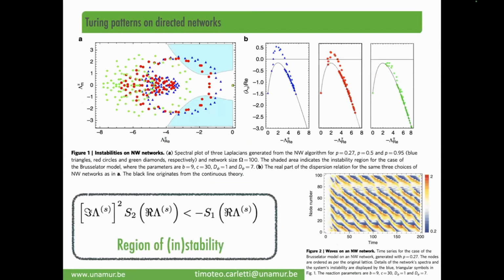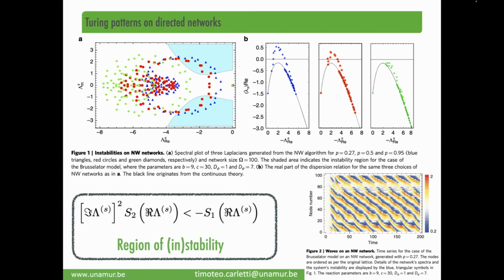And now what you find is an inequality that defines a region of instability. So in the complex plane, you draw here, in light blue, the region where this quantity is satisfied. S1, S2 are polynomials, of fourth order and second order in the coefficients of the model. And then once you put in your network, you draw the complex spectrum.